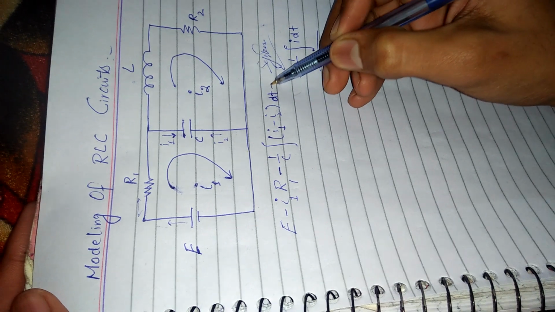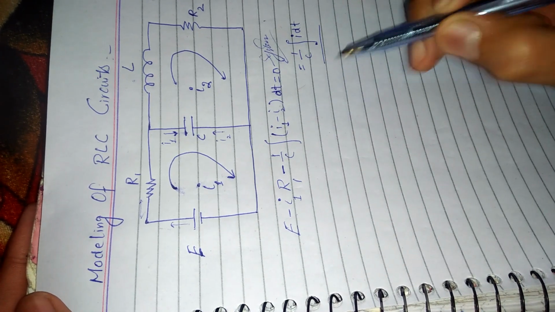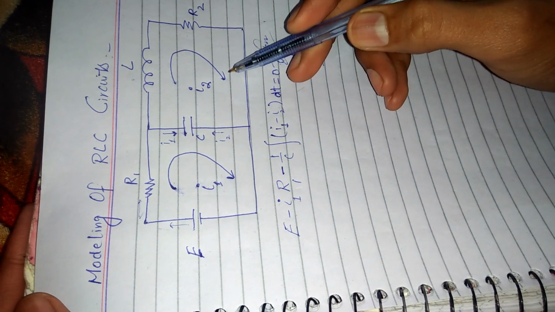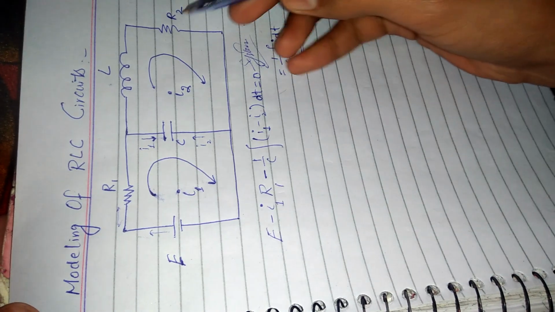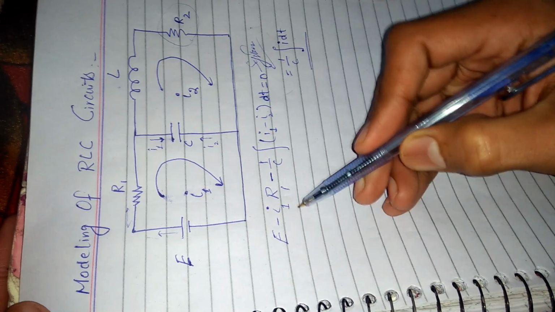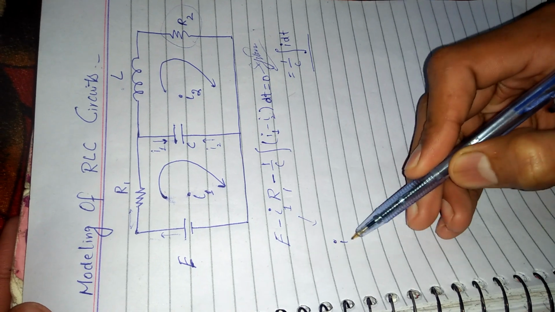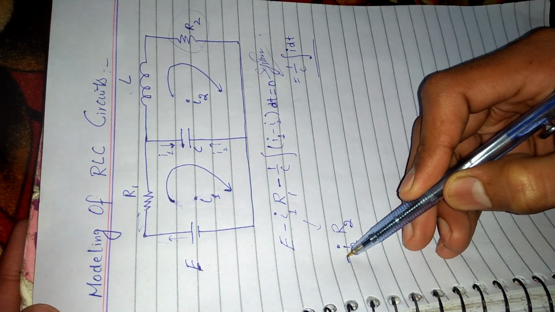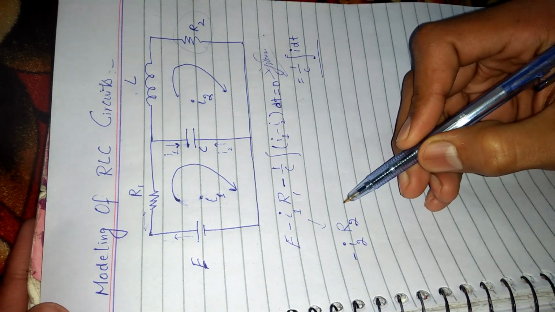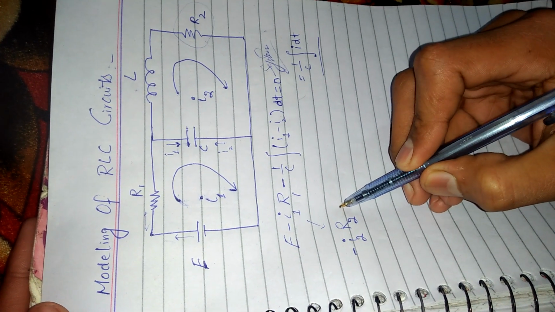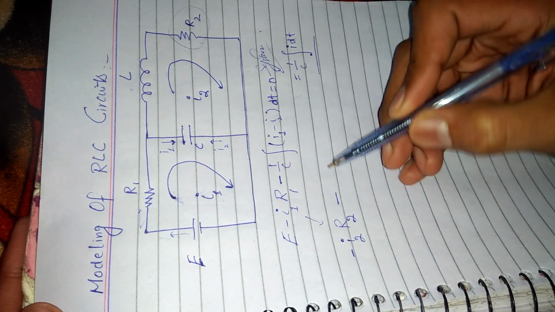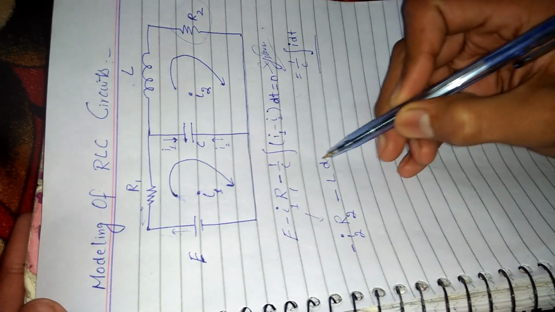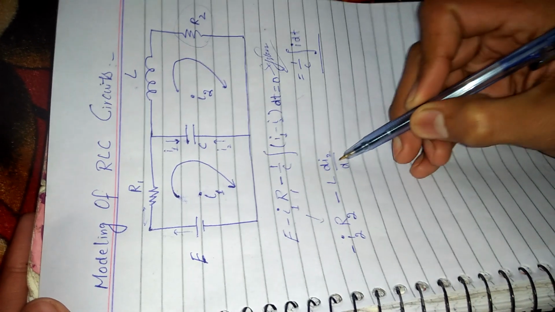The equation is equal to 0. We are now going to discuss loop 2. We have the resistance R2, with I2 flowing through it with a negative sign. The second term is the inductor, with a minus sign, L di2 over dt.